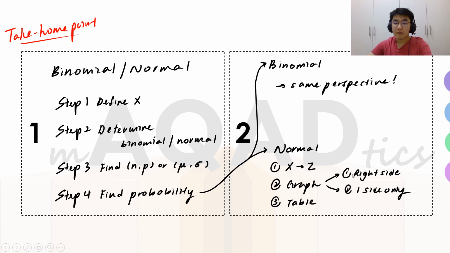So we need to have 2 checks. One of the checks is to make sure the area starts from the right side, and the second one would be the area must only appear on one side of the graph, so either it's on the left side or the right side. And the third thing is make sure you are able to find the probability according to the value given, right? So the table I'm referring to is the probability distribution table.